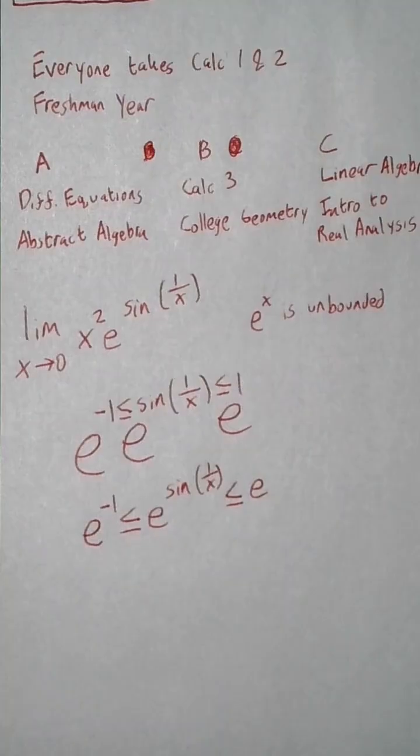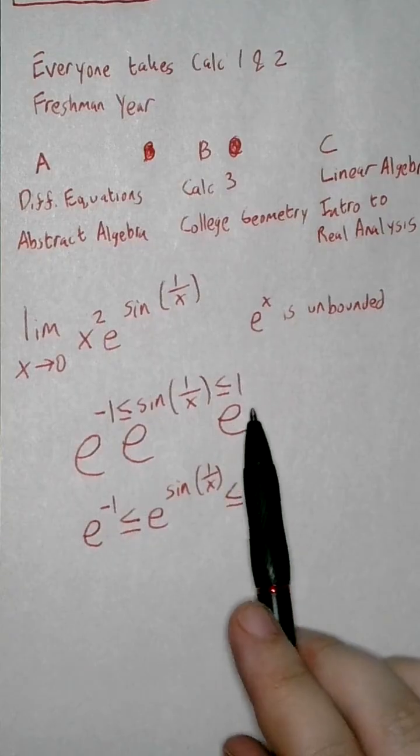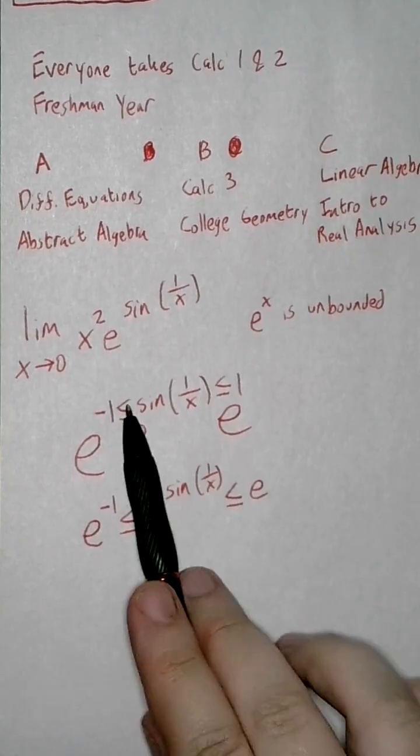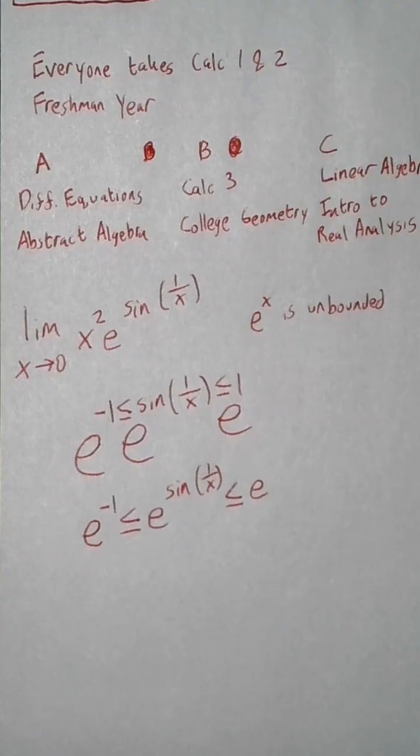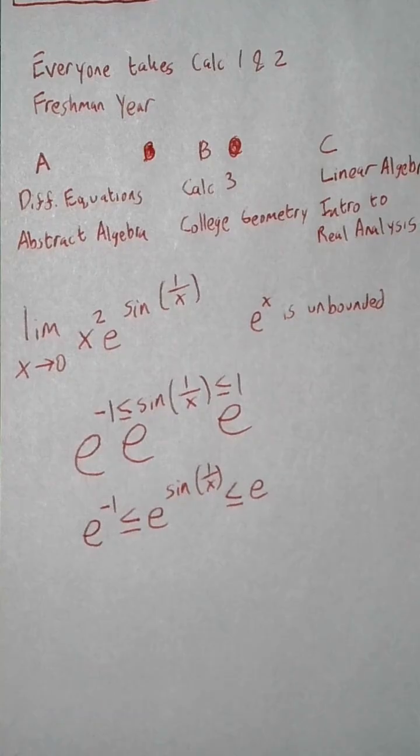Now, let me ask you a question, and I think you already know the answer because I saw that you answered it already. Do I have to flip these inequality signs when I raise e to that power? Right, I guess I'm technically being loose with my definition of unbounded, but exactly.